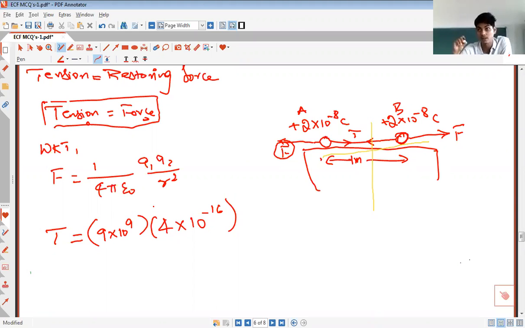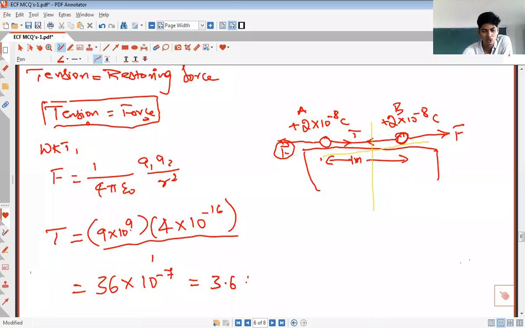Divided by r square. R is 1, and 1 square is 1. So this will be 9 4s are 36 into 10 to the power of 9 minus 16, which is minus 7. This can be written as 3.6 into 10 to the power of minus 6 Newton.